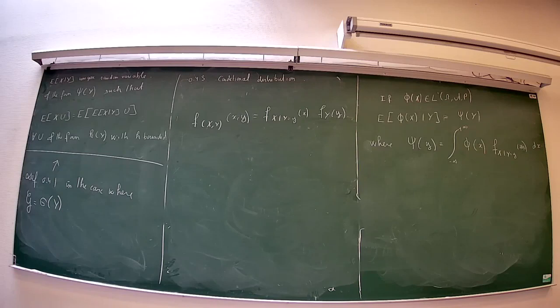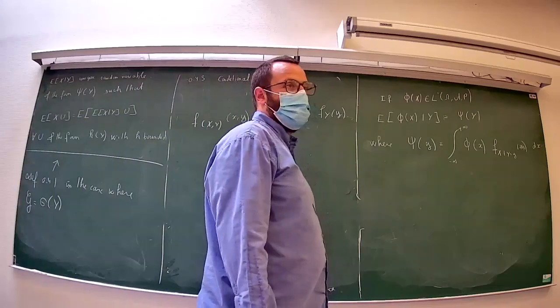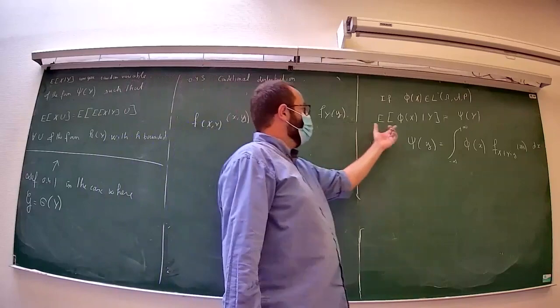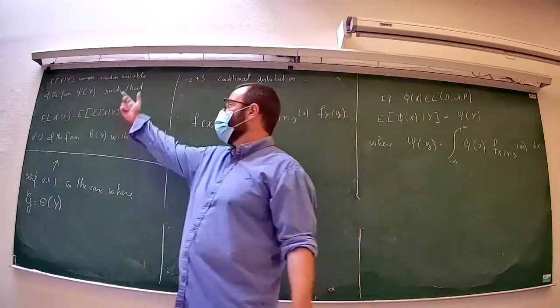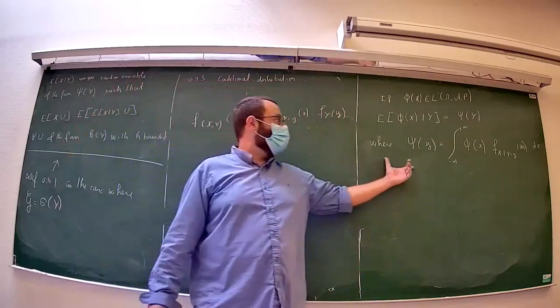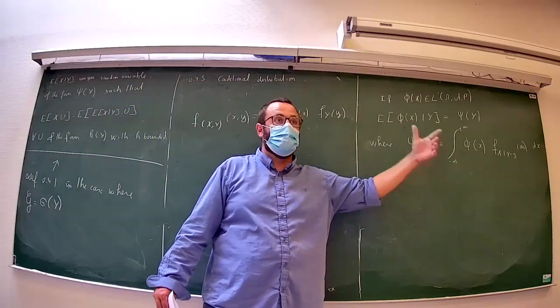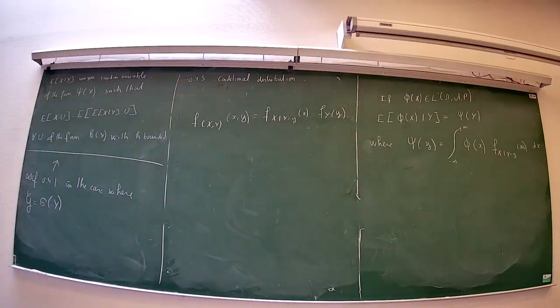So I repeat that in the case where x and y have a joint density function, which is the purpose of this section, if I want to compute the conditional expectation of a function of x given y, I just have to compute the integral with respect to the conditional density function, as you used to do before.